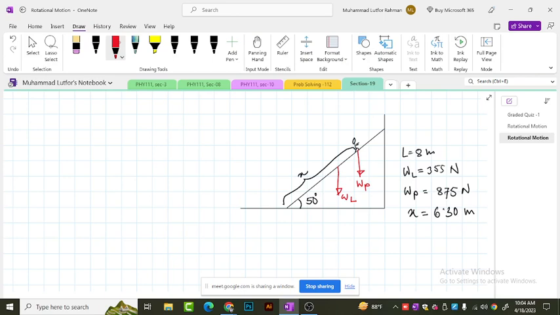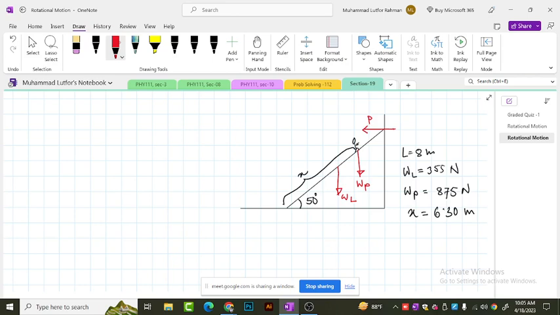One force will be provided by the ground, and one force by the wall. Since this ladder applies force in that direction, the wall will also provide an opposite force in this direction. Let's say this is P, the force on the ladder provided by the wall.